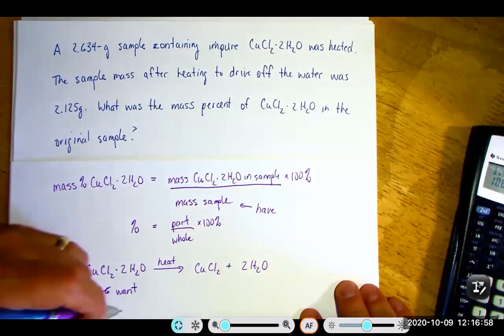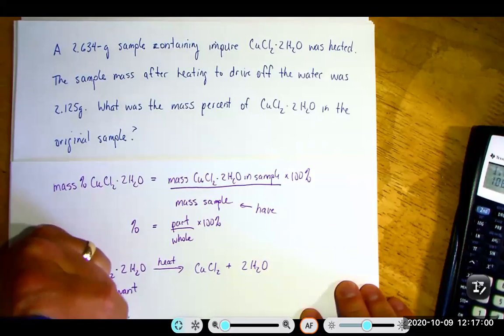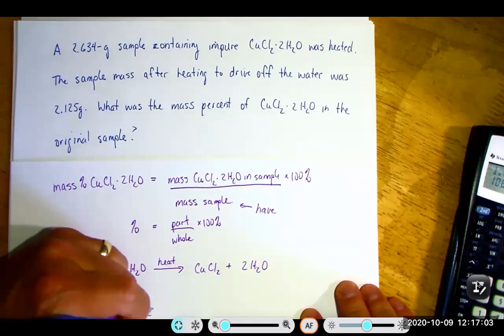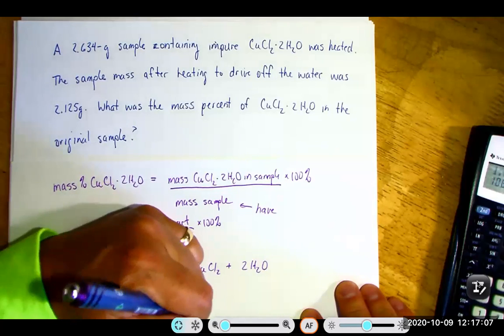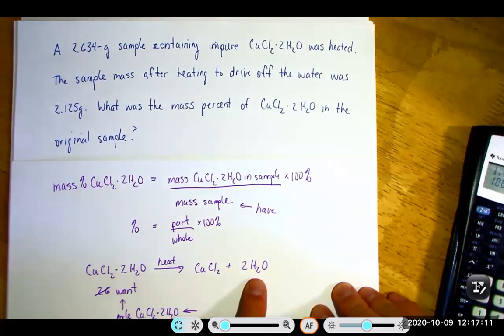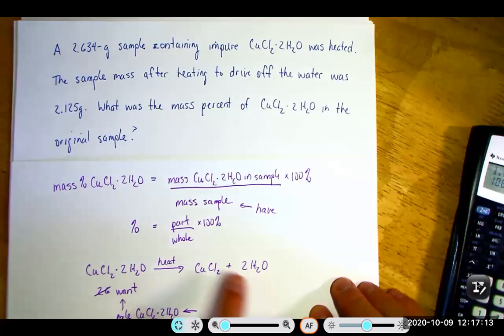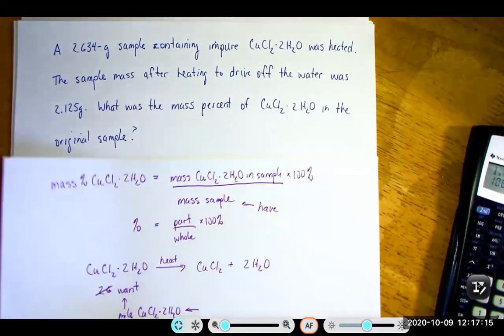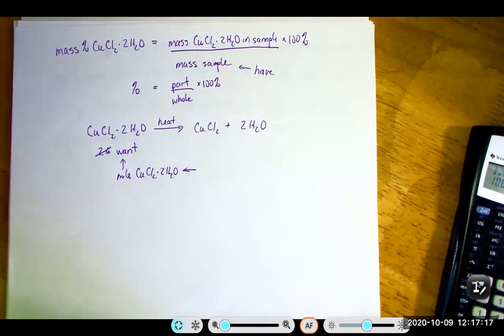Well, to get this, we would need the moles of copper 2 chloride dihydrate. And to get this, we need the moles of copper 2 chloride, or we need the moles of H2O. Now, in our sample, there are actually two reactions happening.